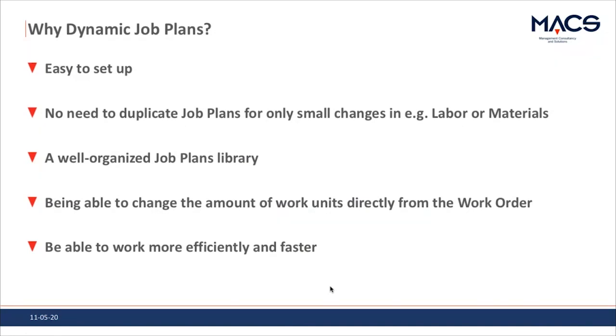So you will be able to work more efficiently and faster through the day with planning the work and making the right work orders with the right amounts of labor, materials, etc. So those are a couple of points I saw at least to consider working with dynamic job plans.